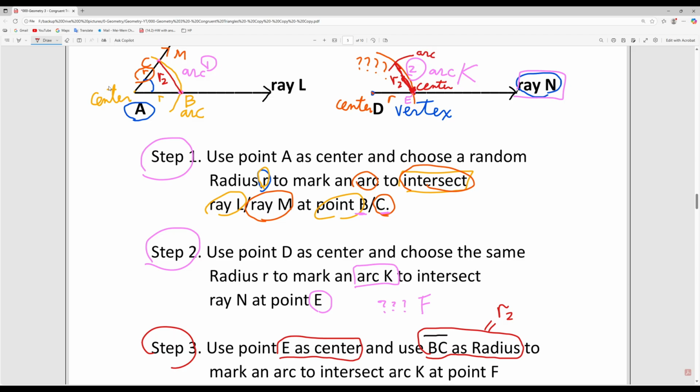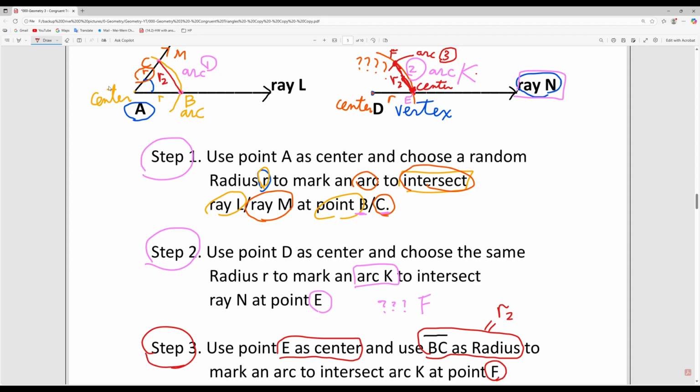This arc intersects with the previous arc K at one point. I call this F. So this is step 3. You find the F.